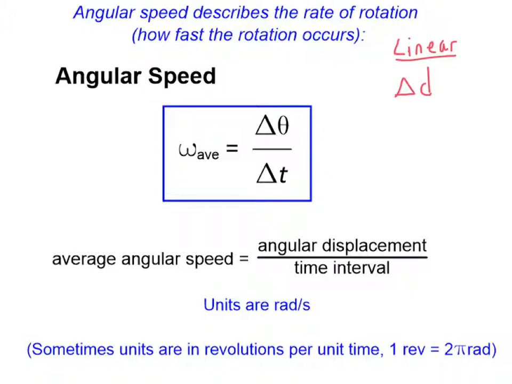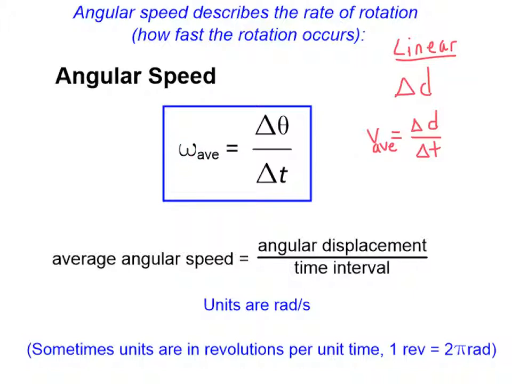Remember, when we talk about linear motion, delta D represents our change in displacement, and our average velocity could be found by taking the change in displacement divided by the change in time. We're doing the same thing with angular speed. We're looking at the average angular speed as equal to the change in angular displacement divided by the change in time. So there's a definite correlation here.